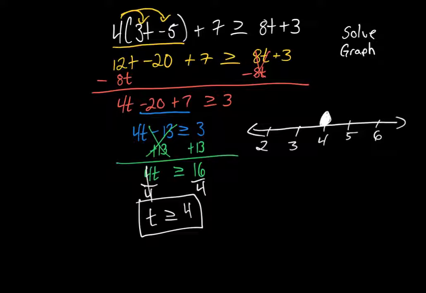Okay, now I have to decide, am I going to go right or am I going to go left? Well, t needs to be all the numbers bigger than 4, and all the numbers bigger than 4 are on this side, the right side. There we go. And then we're finished with that problem because we've solved it and we've graphed it.